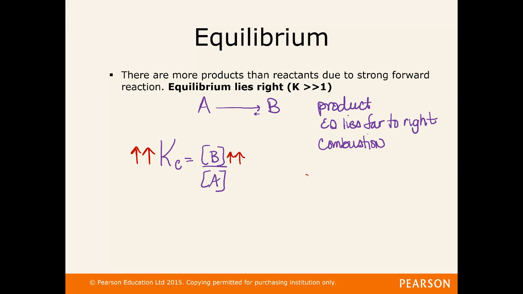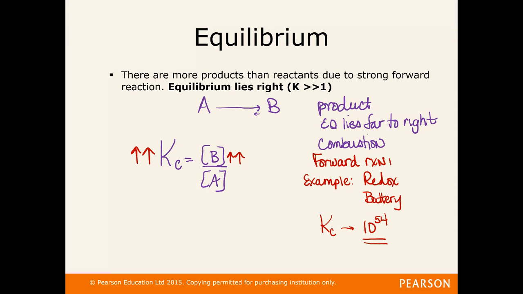Another great example of this would be redox reactions like in batteries, like your lithium ion battery in your phone. The Kc values for ones like that can be as large as like 10 to the 54, 10 to the 60, gigantic values, meaning that they like to go one way. They like going forward. So forward reaction is favored.